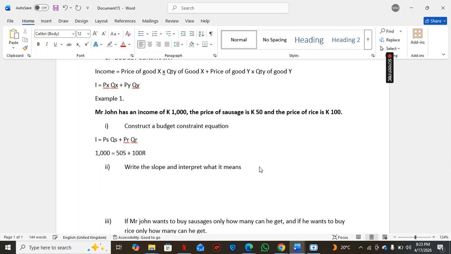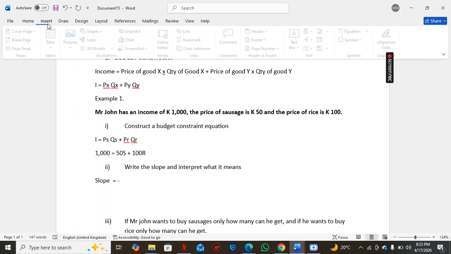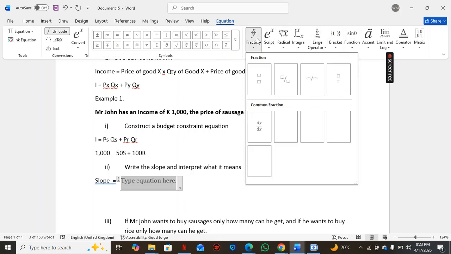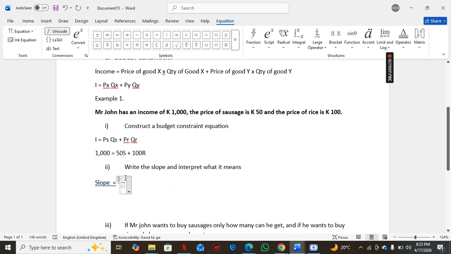Now we go to the slope of a budget constraint line. The slope equals negative the price of good X over the price of good Y. Here we can say the price of sausages, PS, over the price of rice, PR.